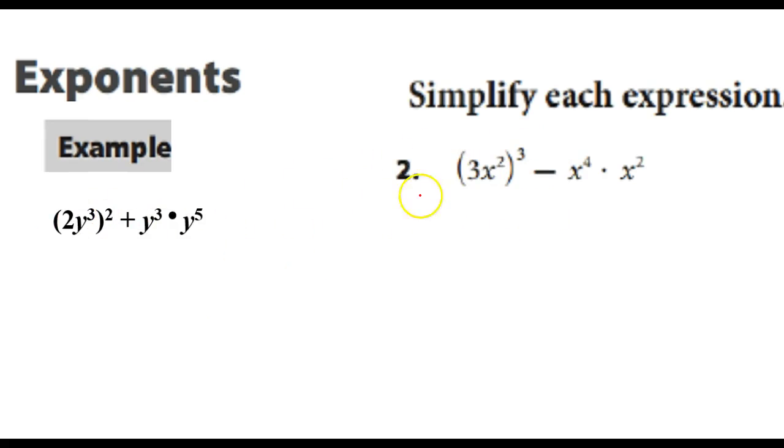And here's another one to help you out with number 2. So here I have y to the 2y to the 3rd, parentheses, to the 2nd power, plus y to the 3rd times y to the 5th. So I'm going to treat these as 2 separate problems, and then simplify at the end. So here I have 2y to the 3rd that I'm going to write 2 times.